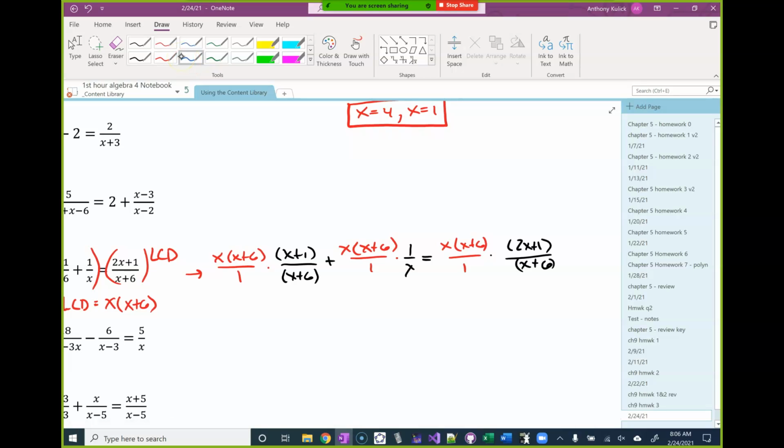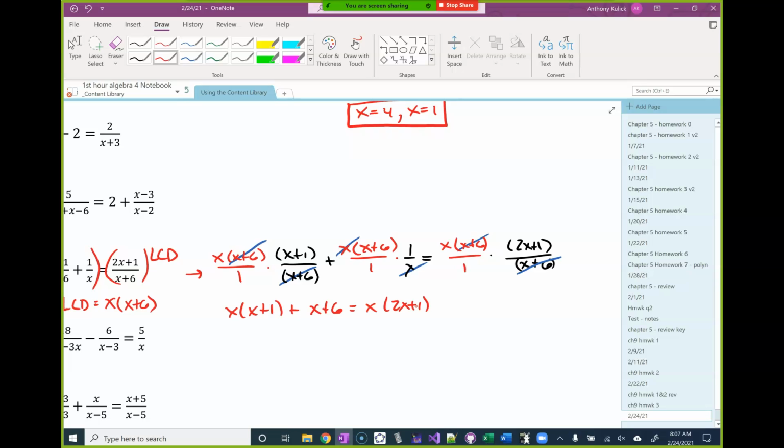Okay, so I went ahead and I distributed that LCD through and rewrote the problem. So now I'm going to do my reducings. Which leaves me with this. So far, so good?